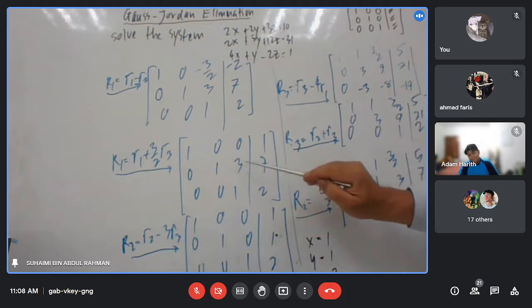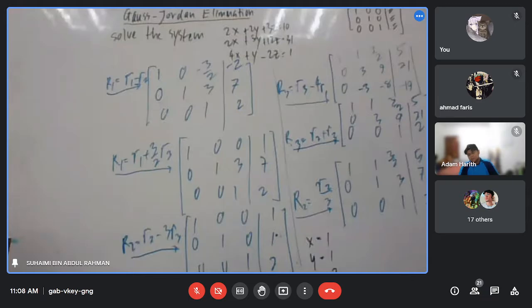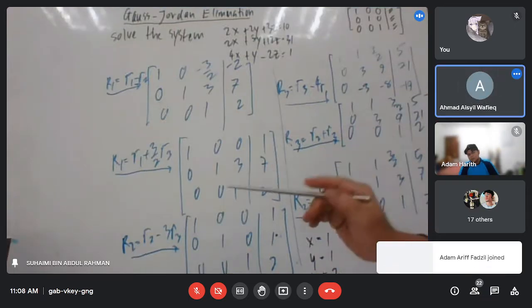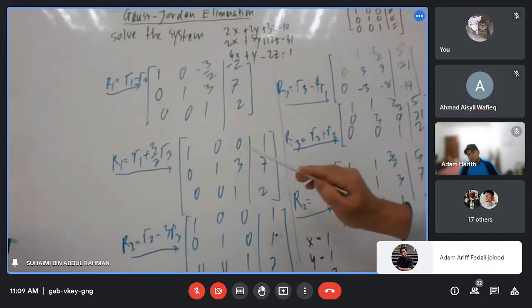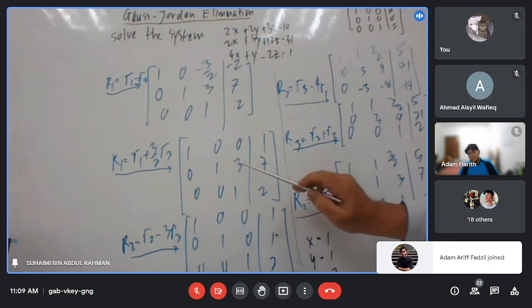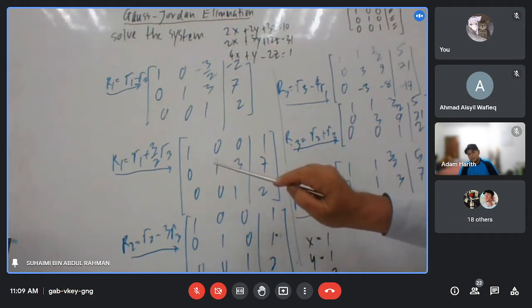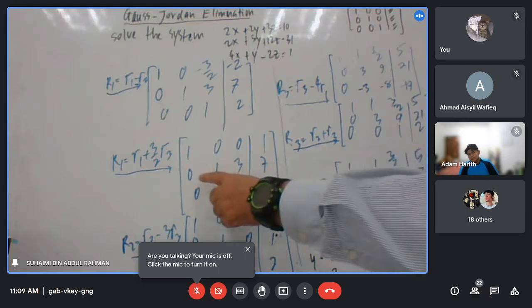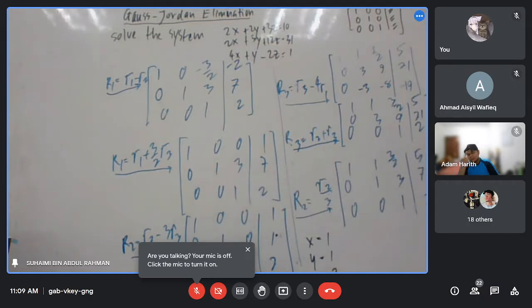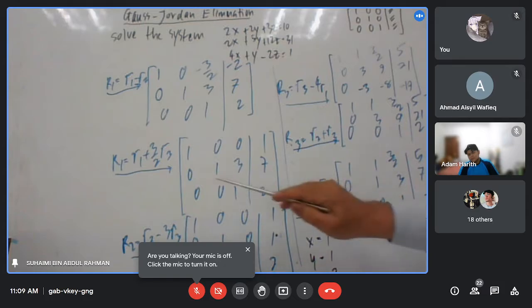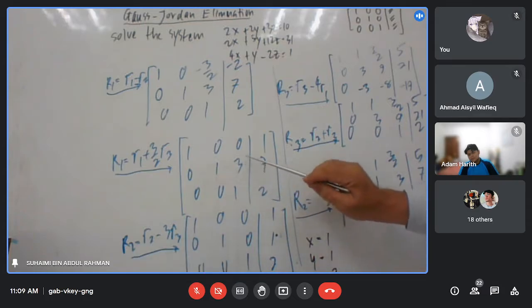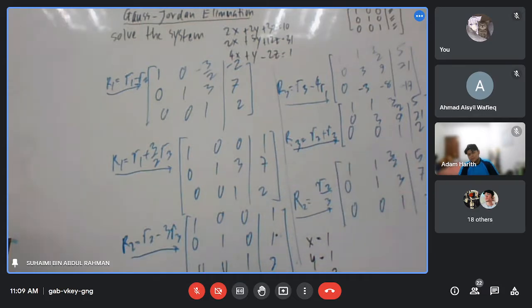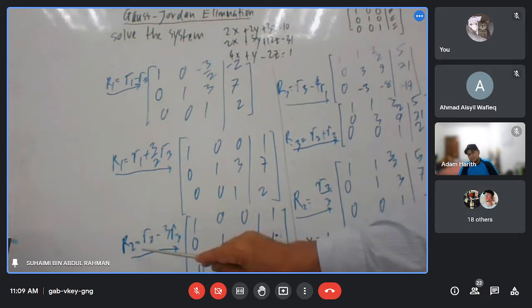So the next one is this. What do we need to do for number 3? We want to make it 0. So we want to make number 3 here 0. At the same time, we have to keep number 0 and number 1 there. We don't want them to change. So how to do that?